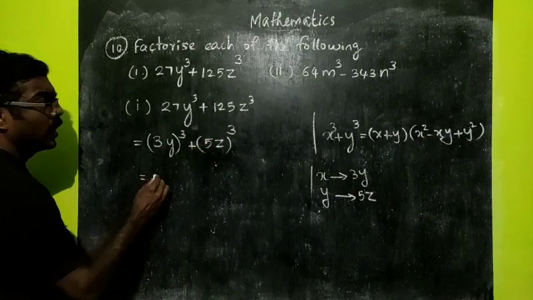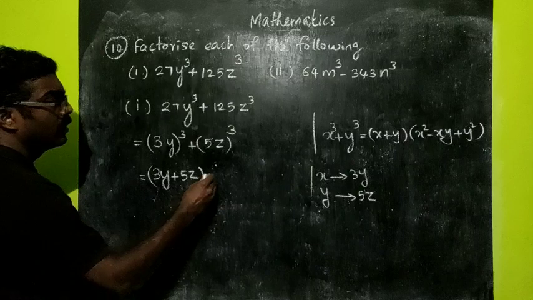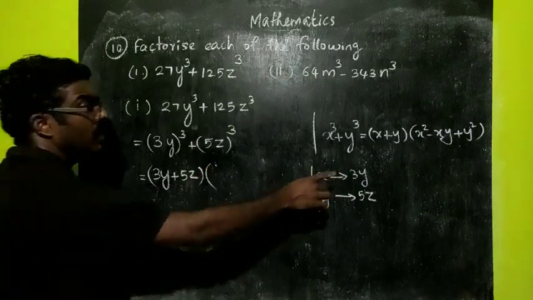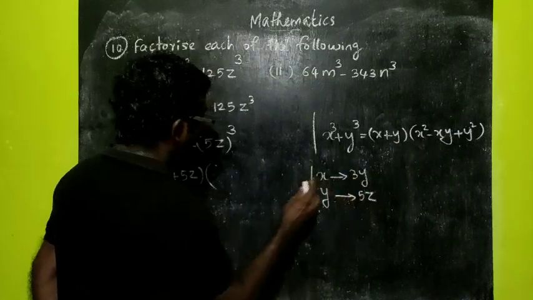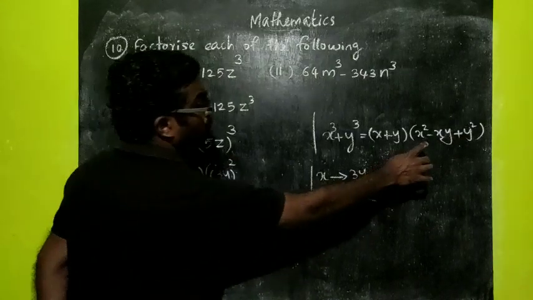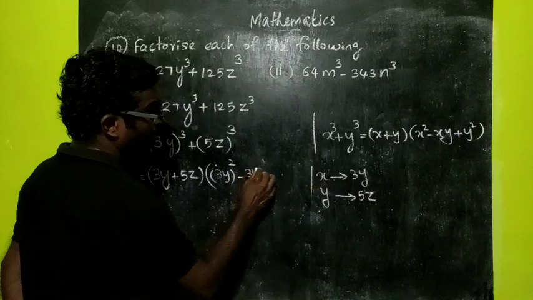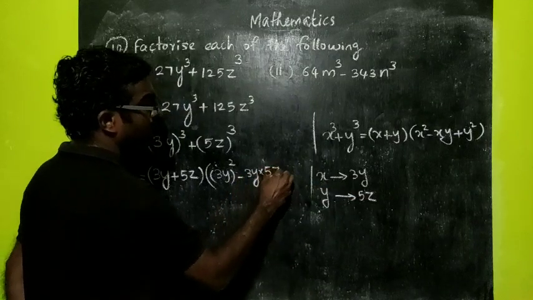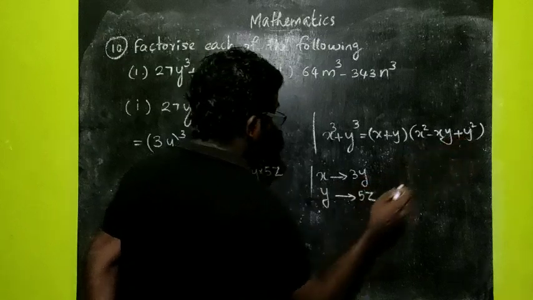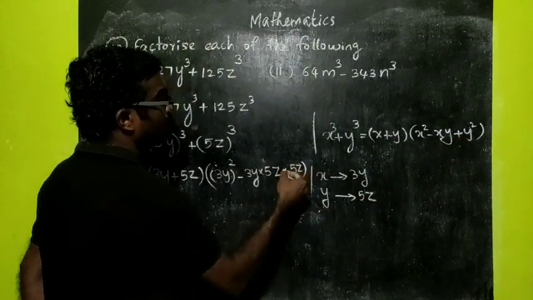So x plus y, that is 3y plus 5z, into x square, here it is 3y, so 3y the whole square, minus xy, so minus 3y into 5z, then plus y square, so plus 5z the whole square.